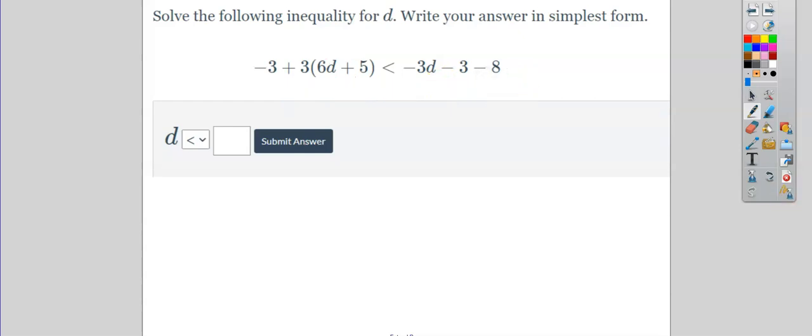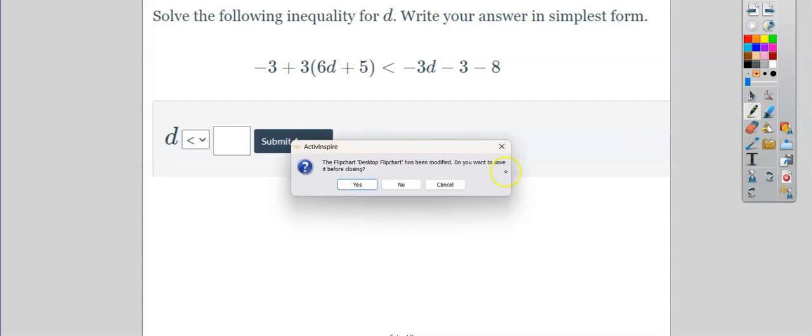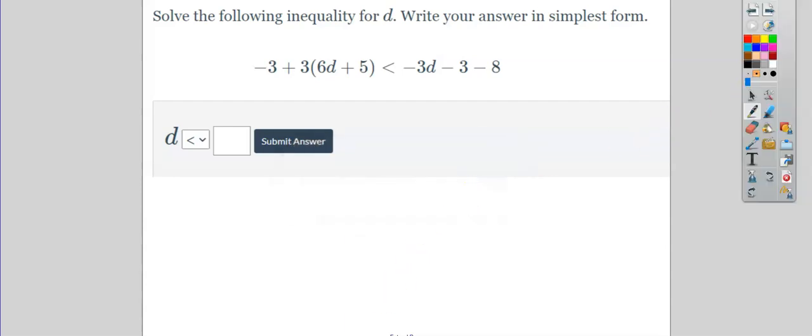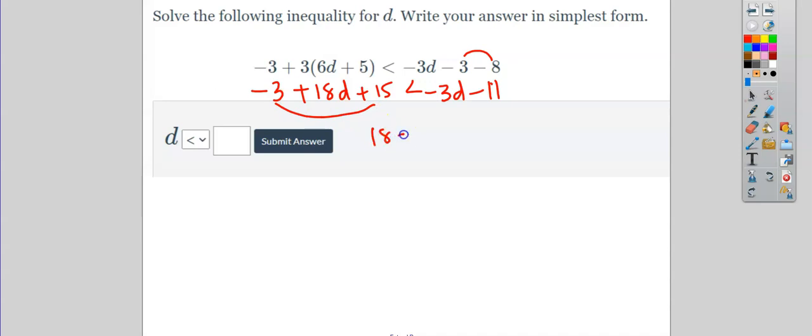Let me write this again. Negative 3 plus 18d plus 15. I'm going to combine these right now, like that. I'm going to combine these.